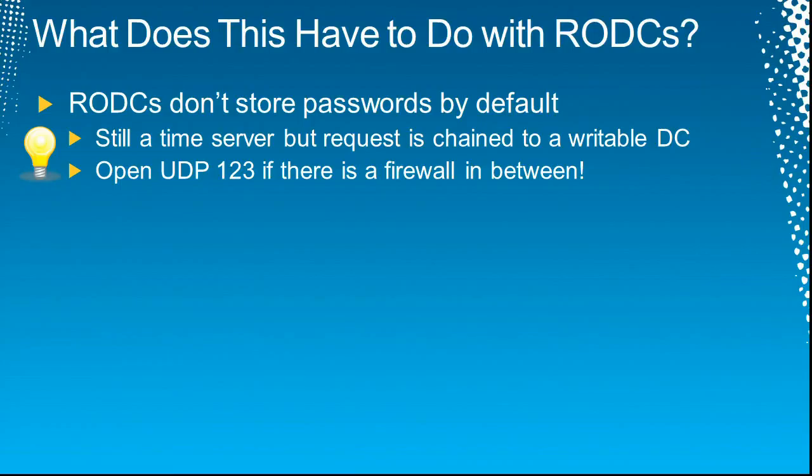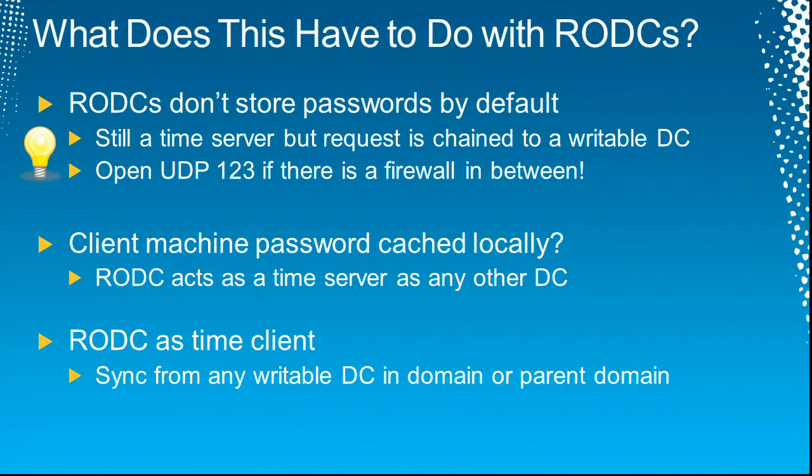So you want to make sure that you open UDP 123, which is the NTP protocol port, if you are behind a firewall, for example in a DMZ or in a secure branch office. Now, if the RODC has cached the password of the account, then the RODC will be just a regular domain controller in that case.